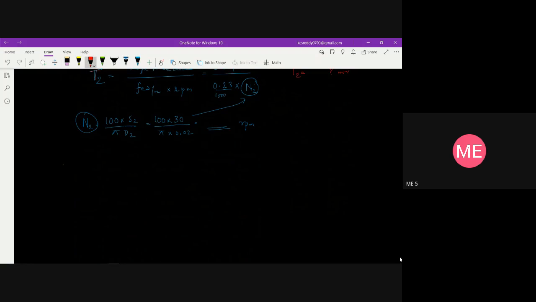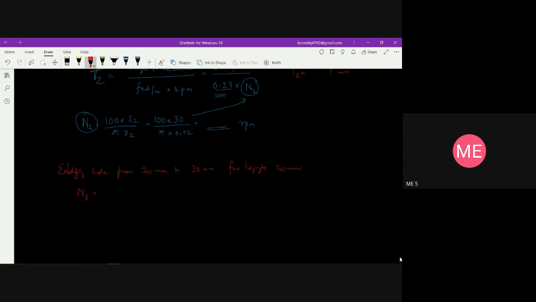Now we take the third operation, that is enlarging the hole from 20 mm to 30 mm. For how much length? For a length of 20 mm we have to enlarge the hole. So here we need to find out the speed.